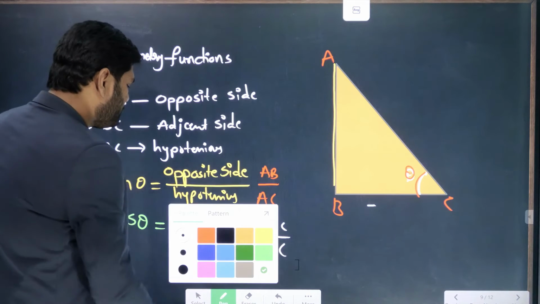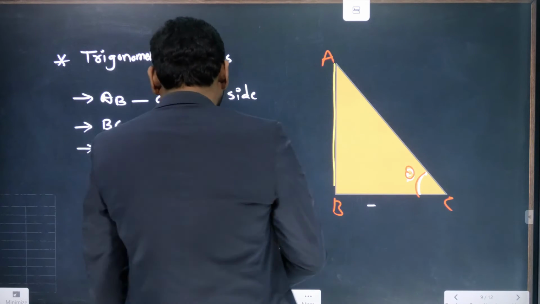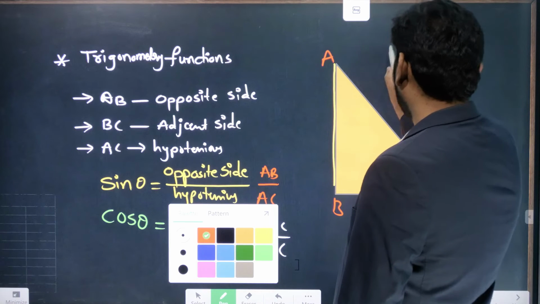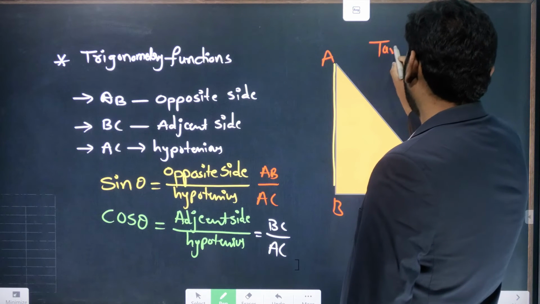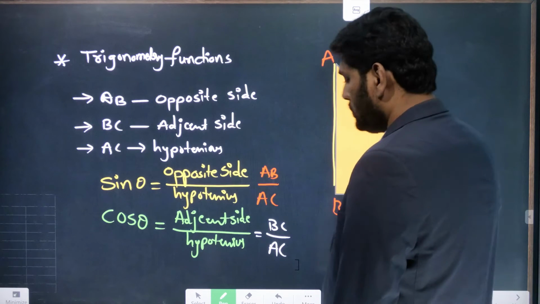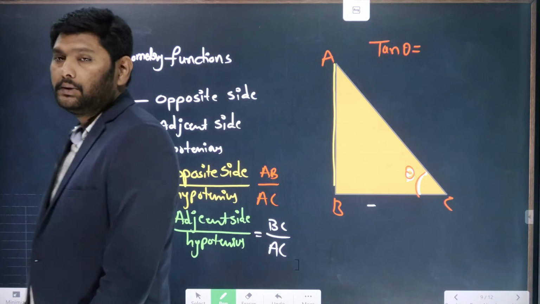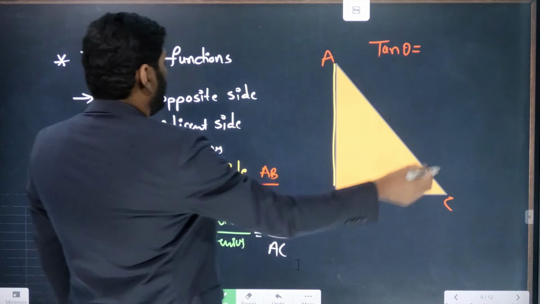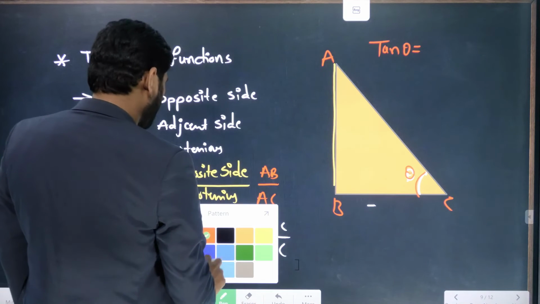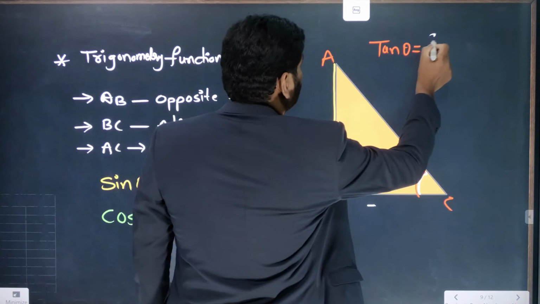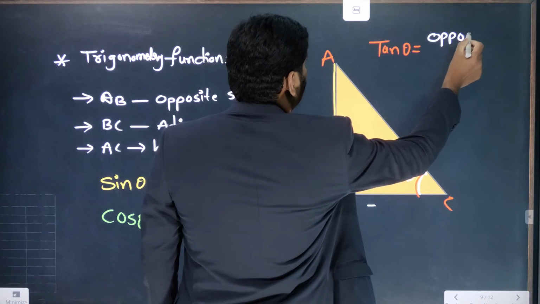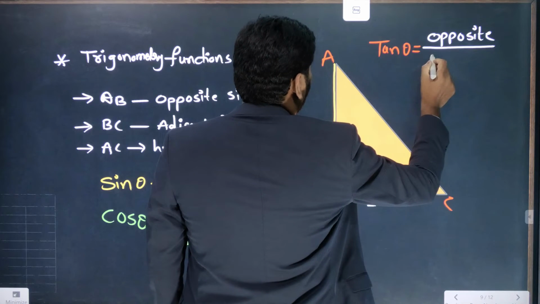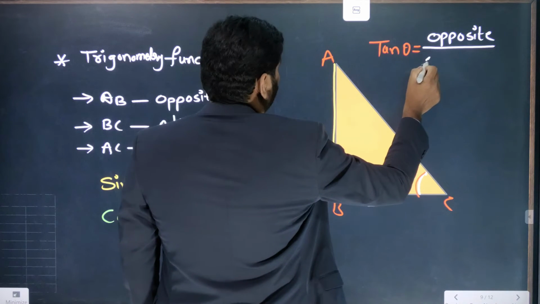And one more trigonometric function we have, the tan function. Tan theta is nothing but opposite side by adjacent side.